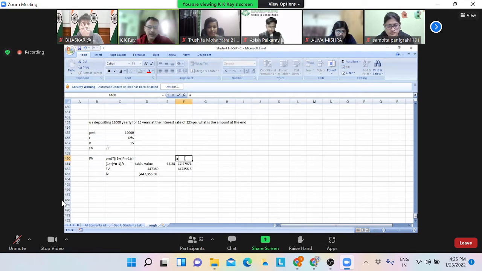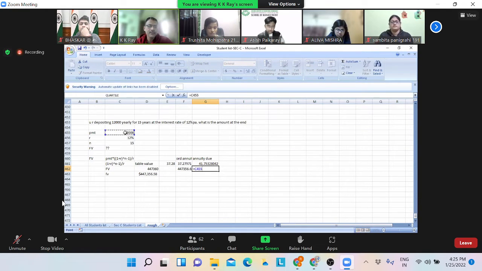Okay. So this is about your annuity, the ordinary annuity. And if you calculate the annuity due, what do we generally do? Annuity due: multiply into 1 plus r. So the table value becomes this.